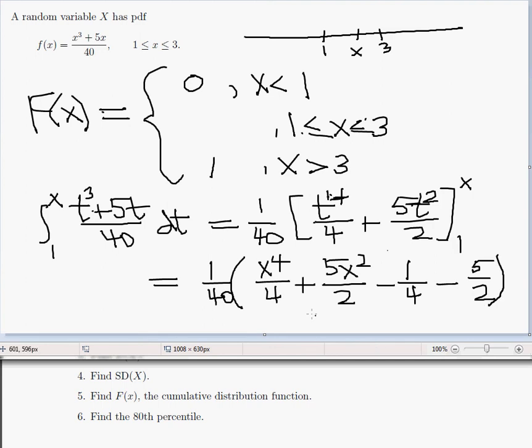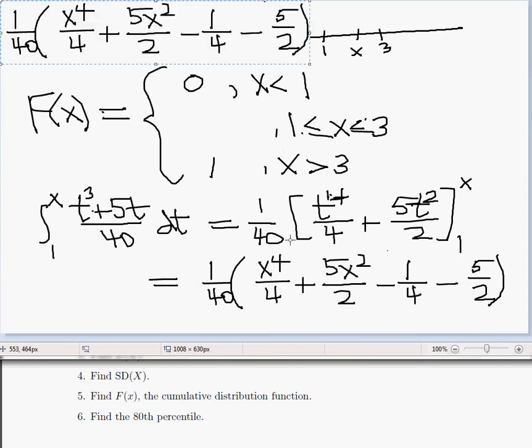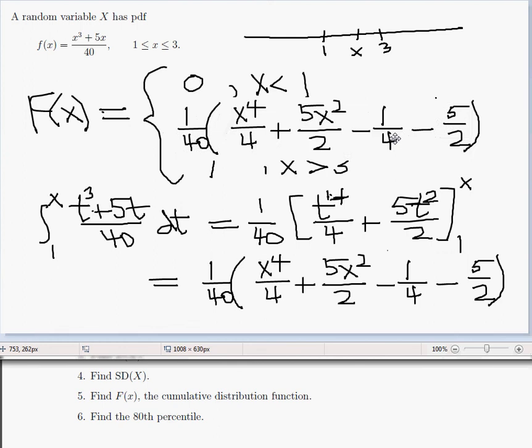And so that is the density function, or the CDF in the case where x is between 1 and 3. So let me copy this, and this goes right here as the answer.